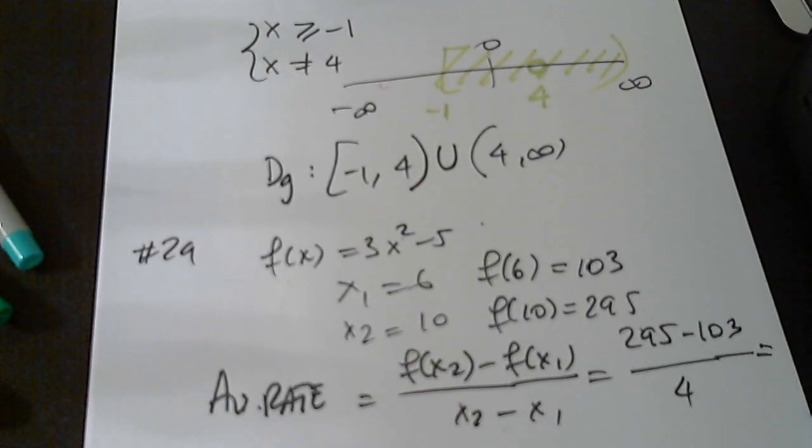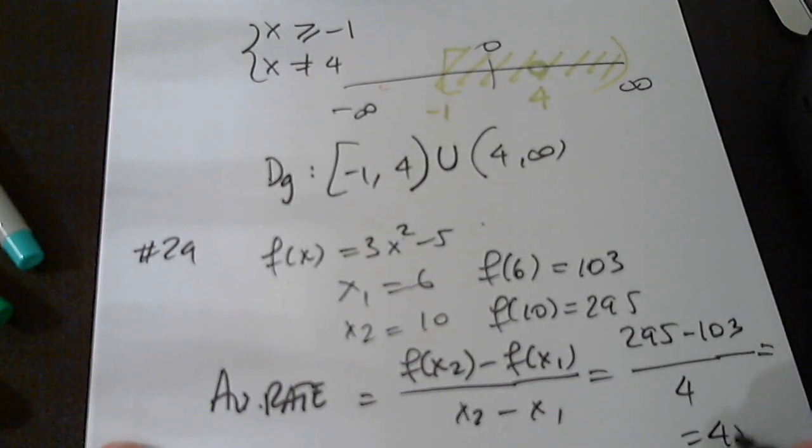Can anyone calculate and give us the average rate of change, please? And let's move on. 48. Everybody got 48? I didn't check anything. I trust you. Is it 48, everybody? Yes. Excellent. Let's move on then. Good.